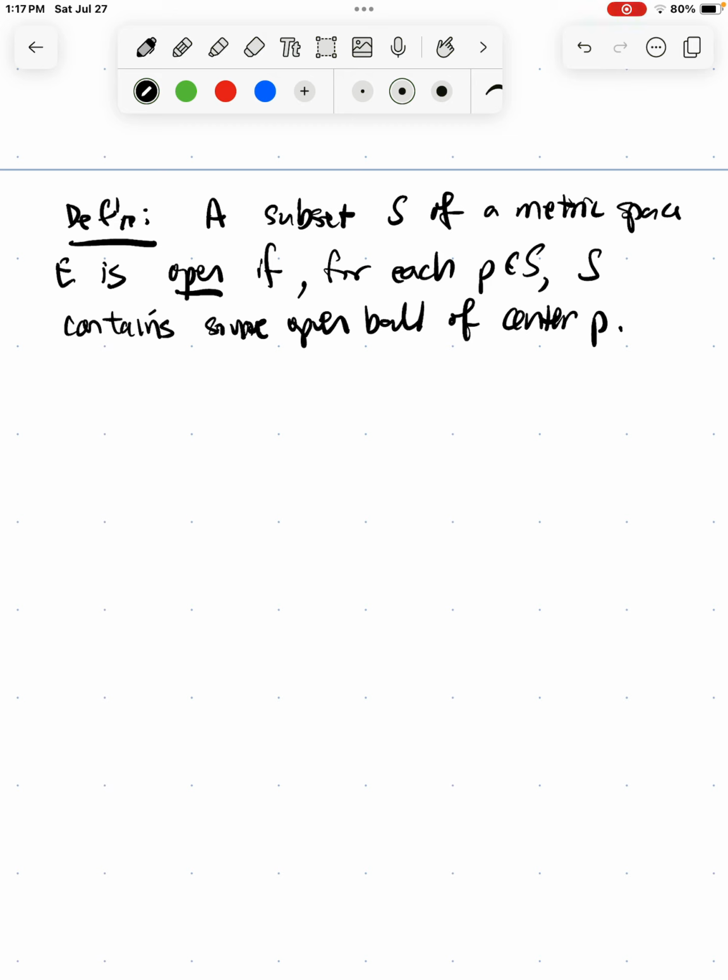And once you have an open ball as an open set, we can come up with more open sets by using the following proposition.